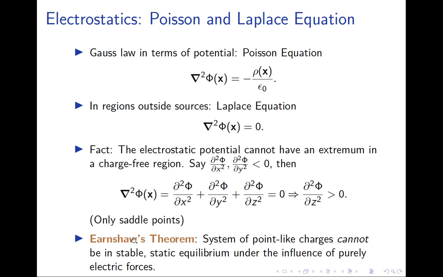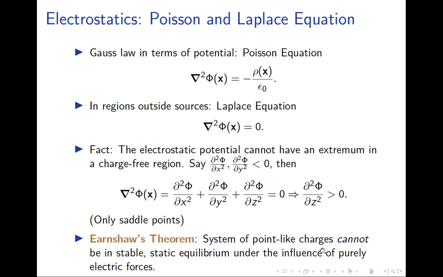Okay. So this behavior is encapsulated in an important result in electrostatics, known as Earnshaw's theorem, which says that a system of point-like charges cannot be in a stable static equilibrium under the influence of purely electrical forces. The reason, as I said, is because there is no minima. The electrical point charge will settle down at a minima, but if there are no minima, it will not settle down ever, it will keep moving.